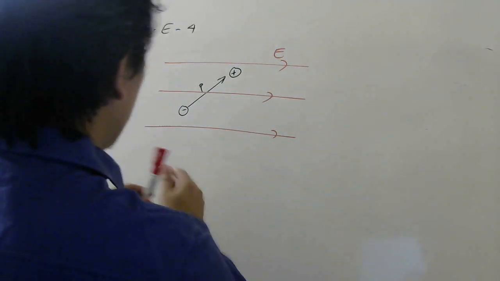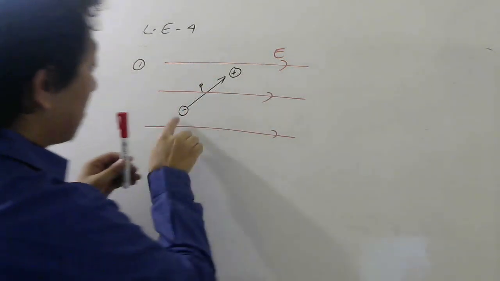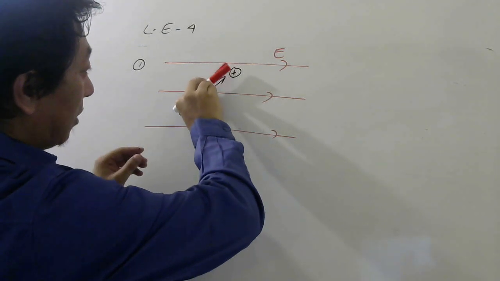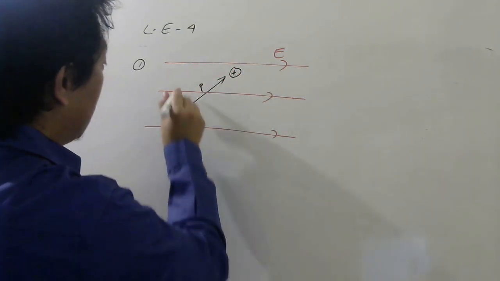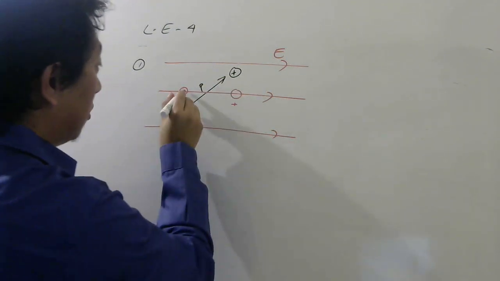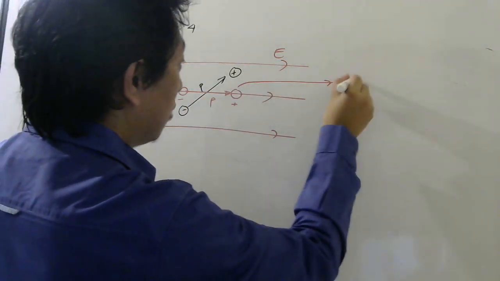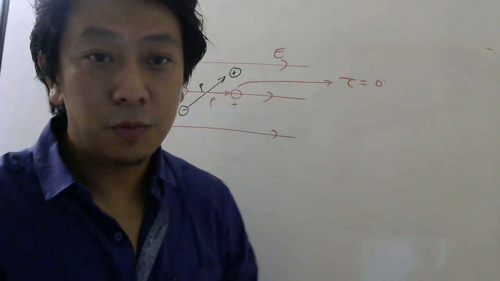The moment you leave this, the plus will feel a force this side, the minus will feel a force this side, so it will feel a torque. Because of the torque, it will rotate. And when it reaches this position, your dipole moment will be this side now. So the torque at this position is how much? Zero. So the question is, will it come to rest or will it oscillate?